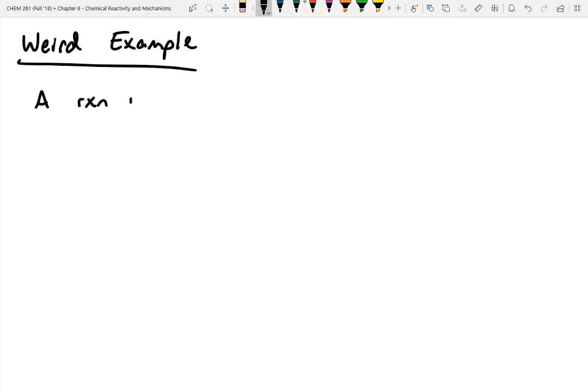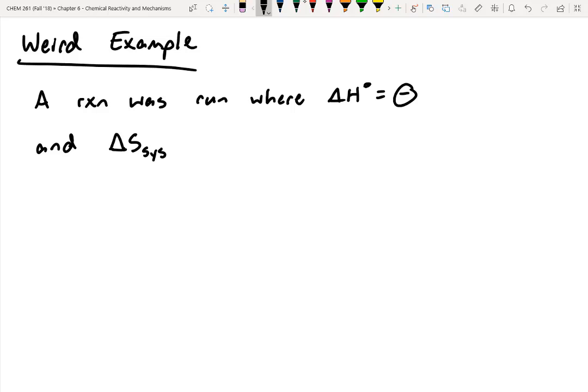A reaction was run where delta H naught was found to be a negative value, and delta S of the system was found to be a negative value. Is this reaction spontaneous?